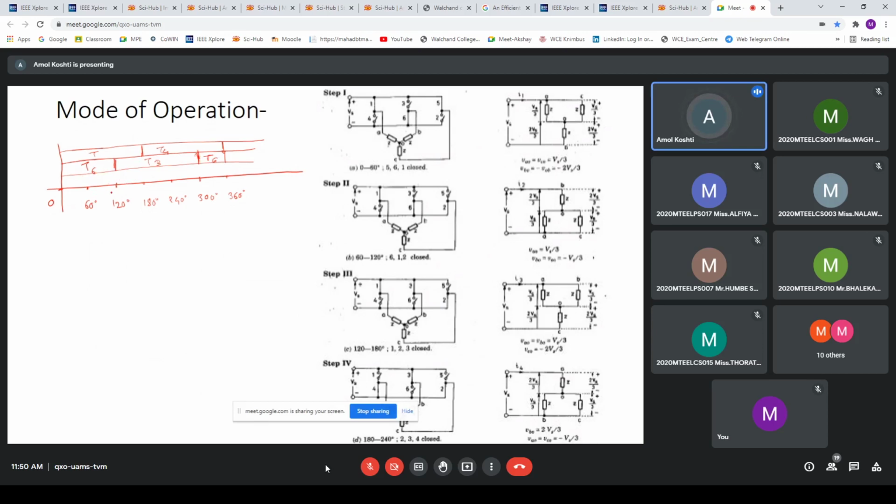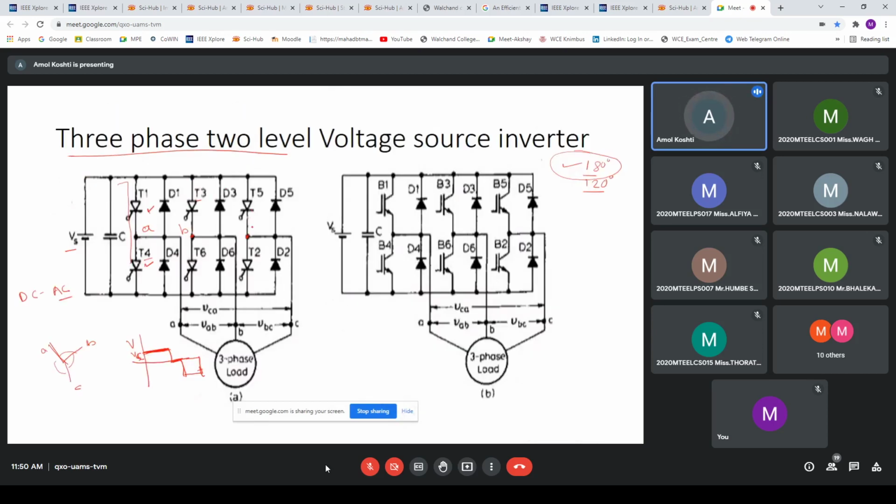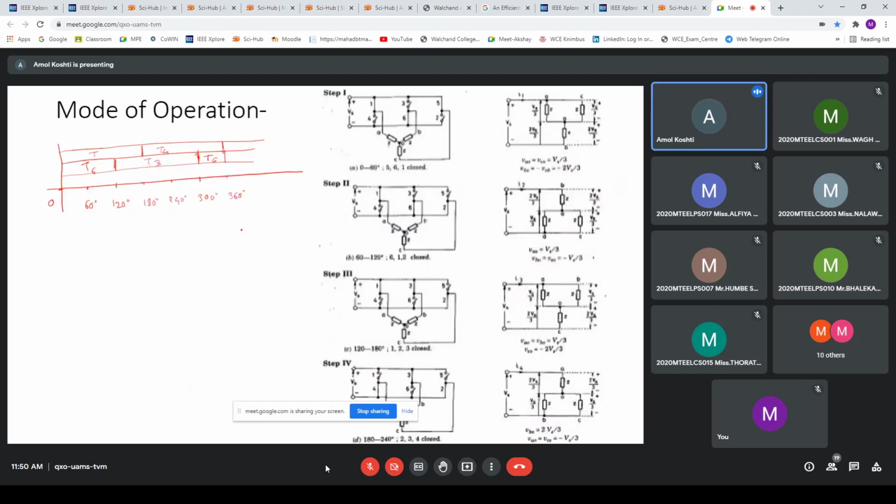After that we'll come to the third leg. In the third leg, after B, 120 degrees C phase will emerge, or after 240 degrees of A, C phase will emerge.